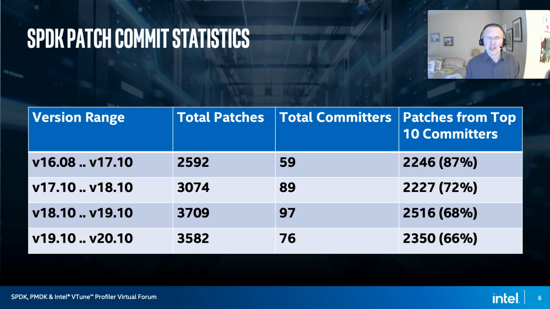You can see the patch count is very similar to what it was the year before. The total number of committers has gone down a lot, but at 76 committers, there's still a lot of people that are contributing to SPDK across a lot of different companies. And then we're continuing to see those patches coming in less and less from those top 10 contributors and more from the other contributors. So we're seeing the patch commits coming from a broader set of committers.